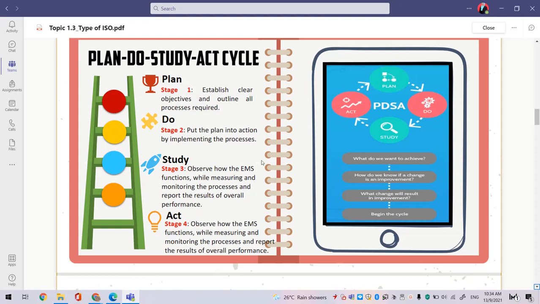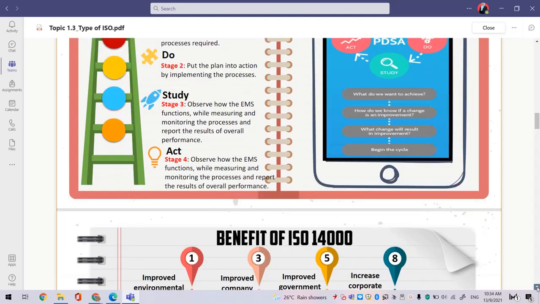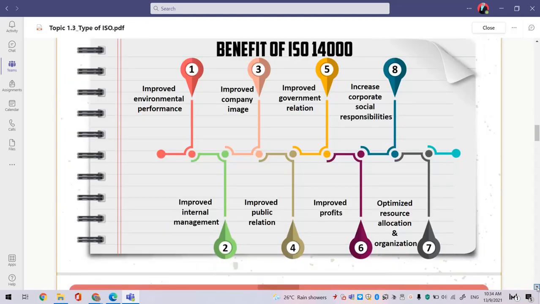Study refers to observing how the EMS functions while measuring and monitoring the processes and reporting the results of overall performance. And finally is act, which refers to the final process.